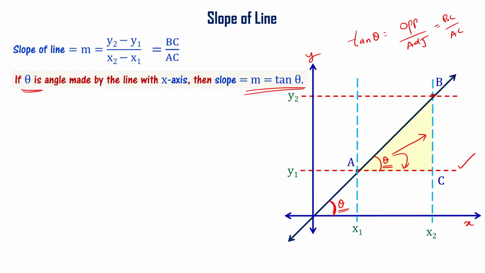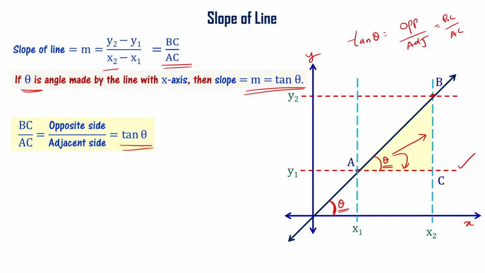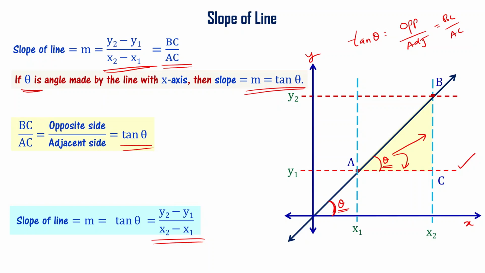AC. Right? So we can say that BC by AC equal to opposite side by adjacent side, that is equal to tan theta. మనం BC by AC equal to ఏమని చెప్పాం? y2 minus y1 divided by x2 minus x1 అని చెప్పాం, right? It means slope m equal to tan theta equal to y2 minus y1 divided by x2 minus x1. Please note this. This is important formula. Okay?